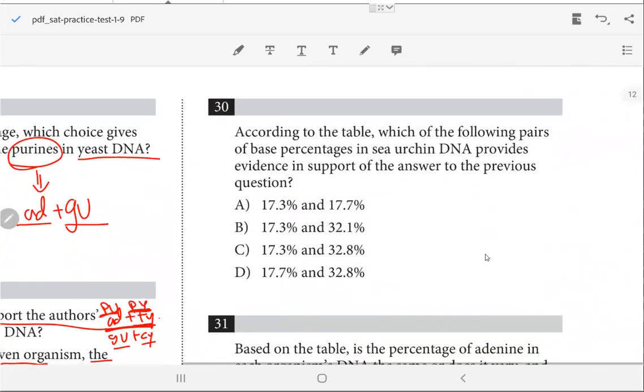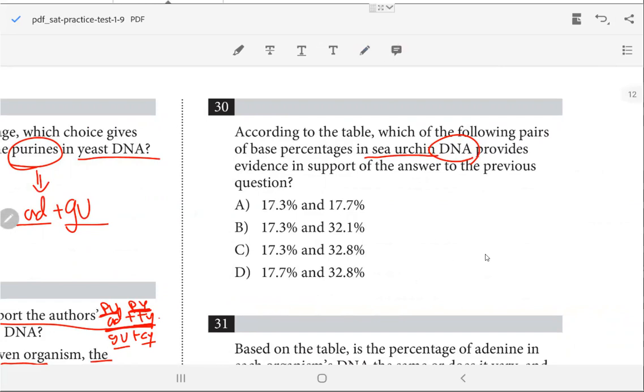Question 30. According to the table, which of the following pairs of the base percentages in sea urchin DNA provides evidence in support of the answer to the previous question? Wow. Okay, so very tricky.